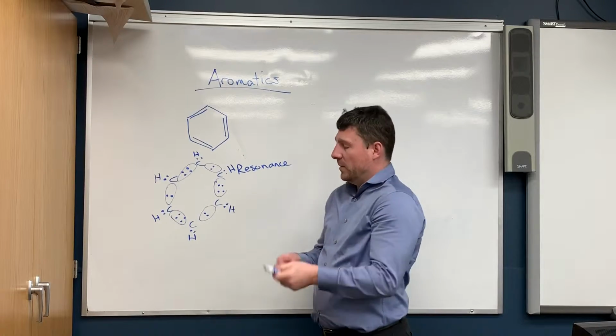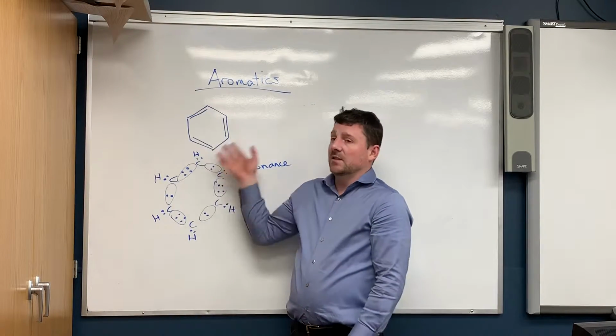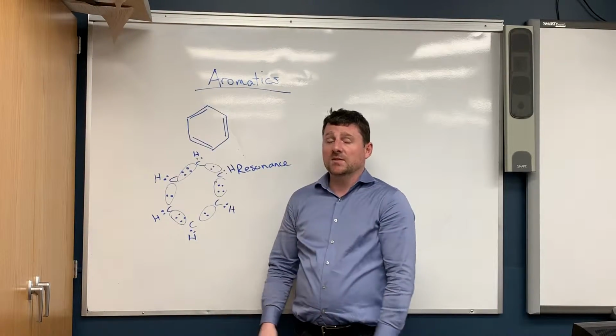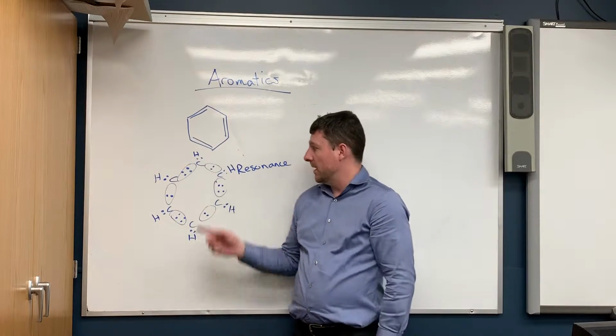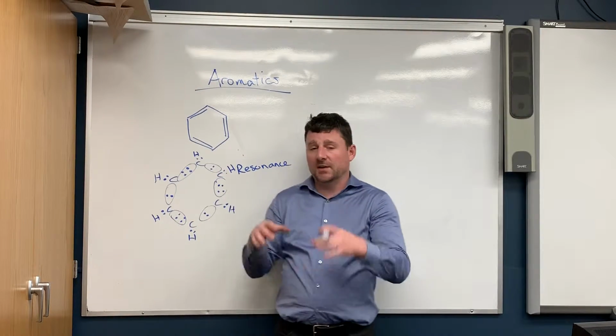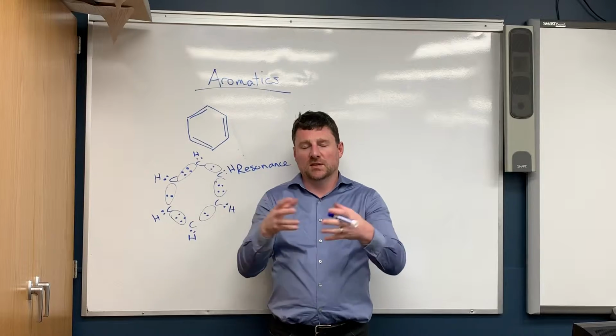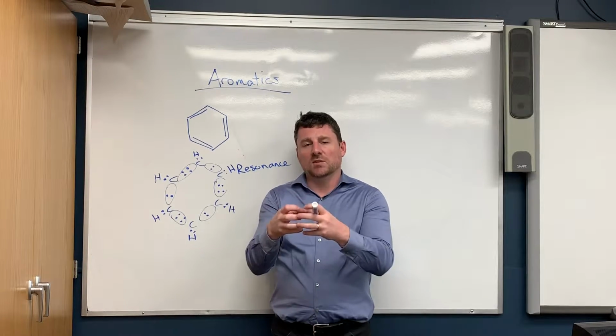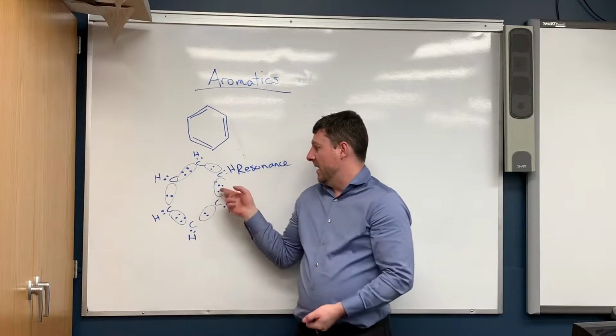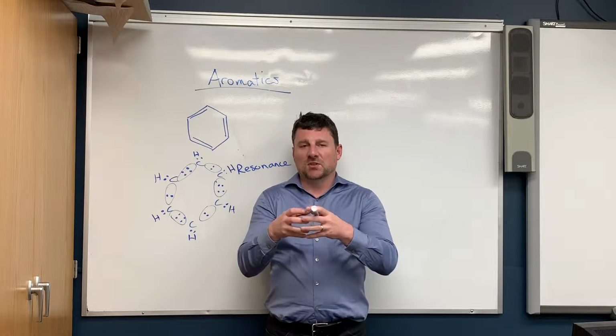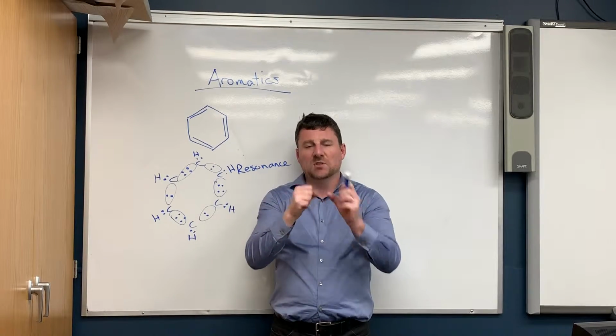Now what we would expect if we looked at the structure of benzene is that a double bond, having twice as many shared electrons, would be a stronger bond. It has more electrons holding the 2 atoms together, and that increased attraction would also hold the atoms closer together.